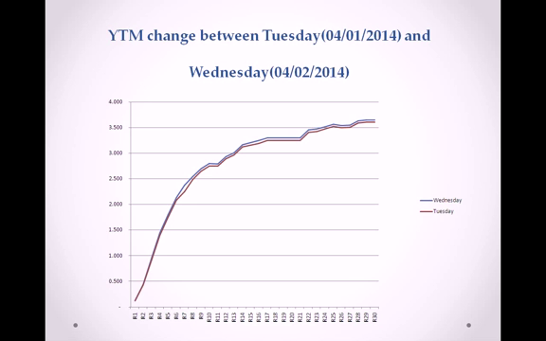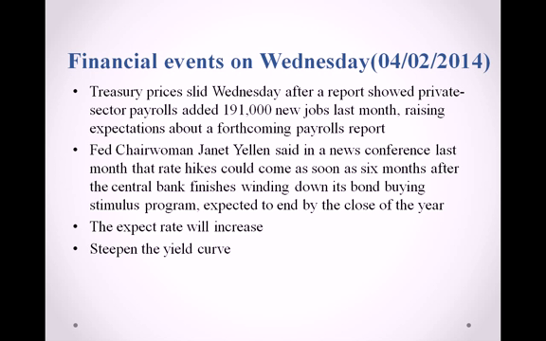Treasury prices slid Wednesday after a report showed the private sector payrolls added 191,000 new jobs last month, raising expectations about a forthcoming payroll report. As the labor market continues to improve, Treasury investors are trying to figure out when the Federal Reserve will begin raising its key policy rate, which would drag bond yields higher along with it.